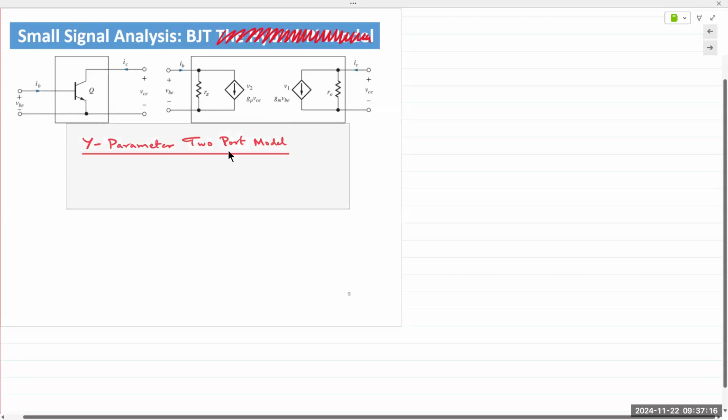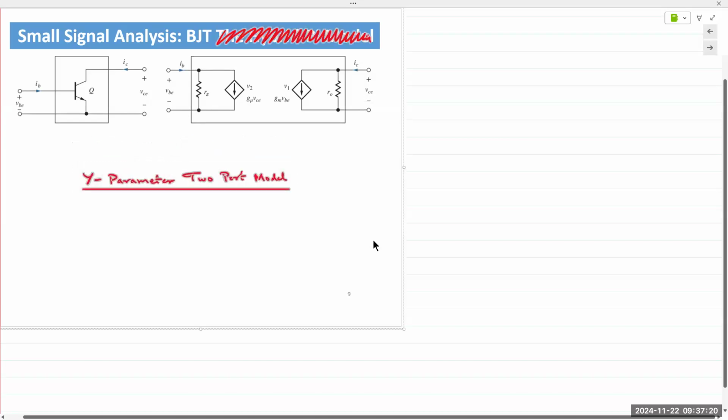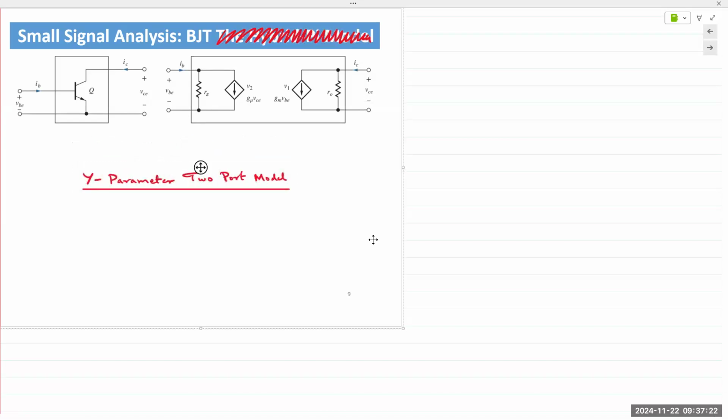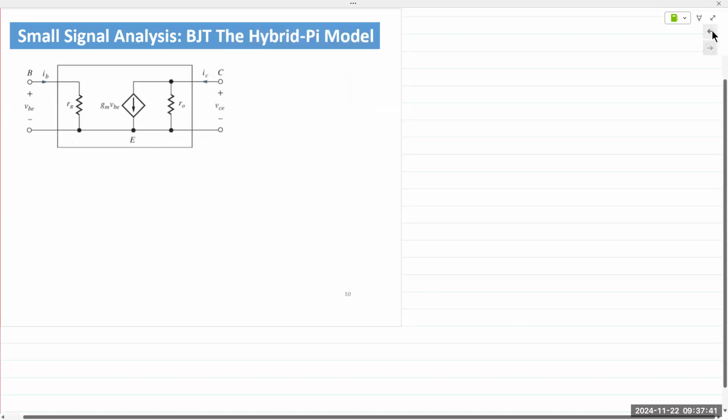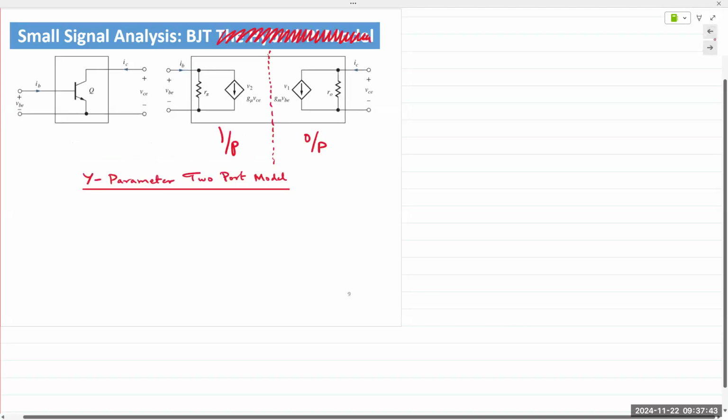The BJT, of course, unlike the diode, has two ports. The left side is the input port and the right side is the output port, the emitter being common between the two. On the input side we have the base, and on the output side we have the collector.